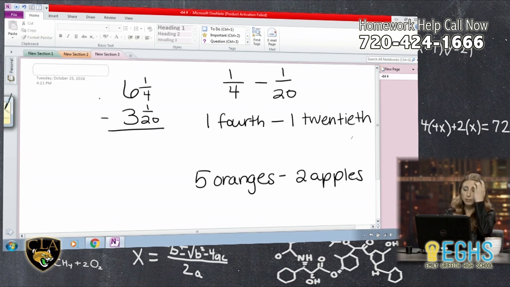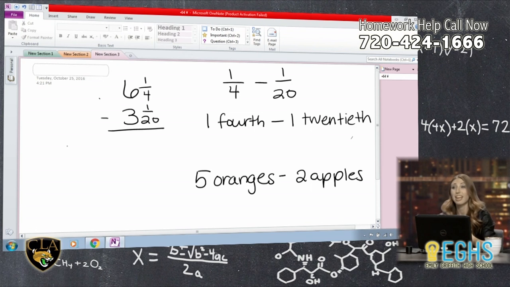Our denominator, and that word denominator, or to denominate something, means to name. And so the denominator is naming what type of object we're referring to, or what size of object. The numerator, meaning to numerate or say what number it is.